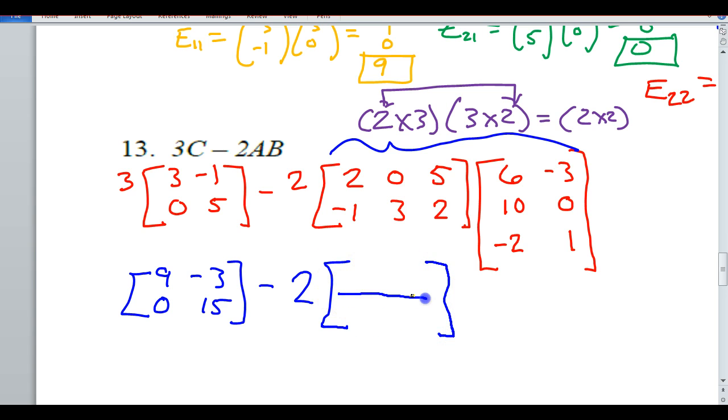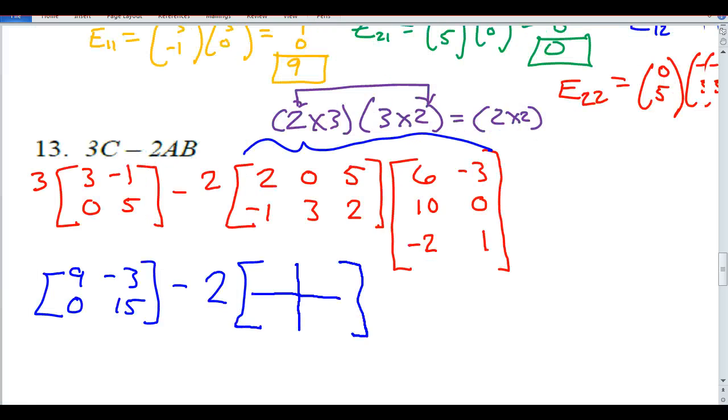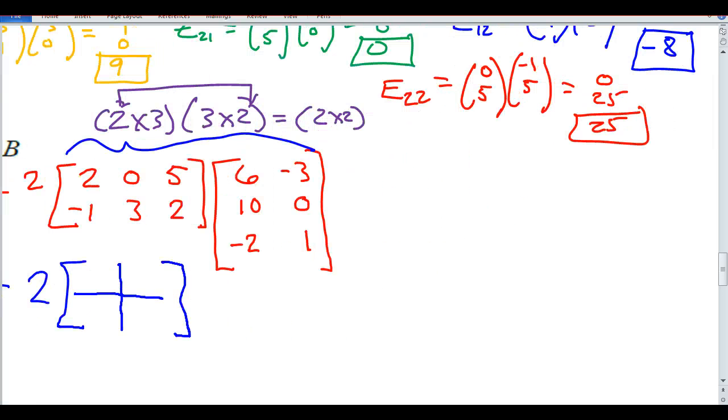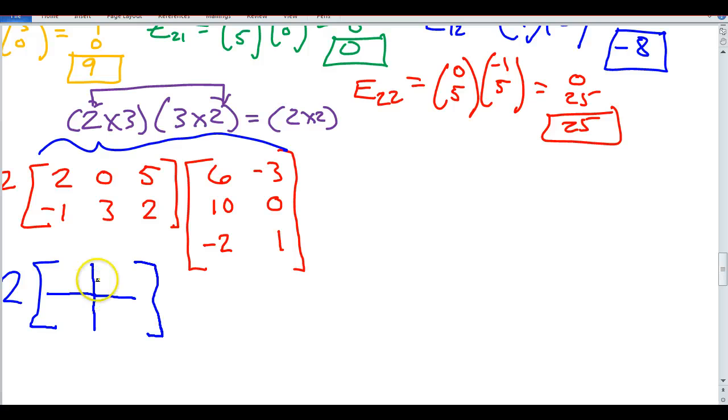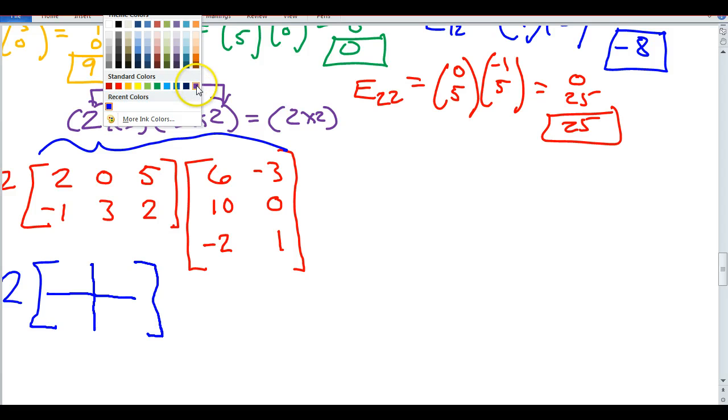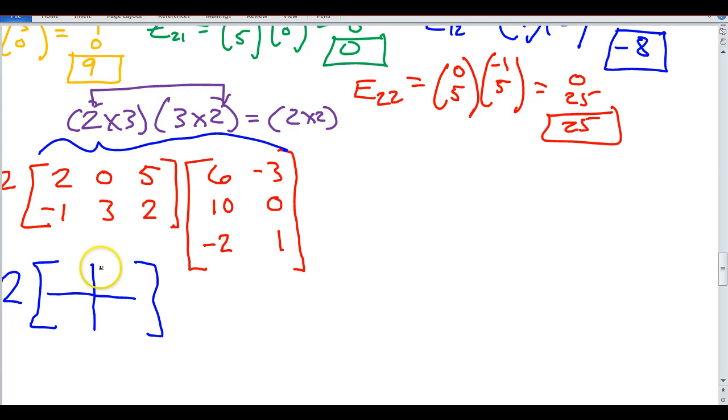In fact, let me just go ahead and really get it ready. There's 2 by 2. So off in the margins somewhere in the empty spaces, I will do all these little elements. Okay, like for example, this right here, that would be element 1, 1. Okay, I'm talking about row 1, column 1.